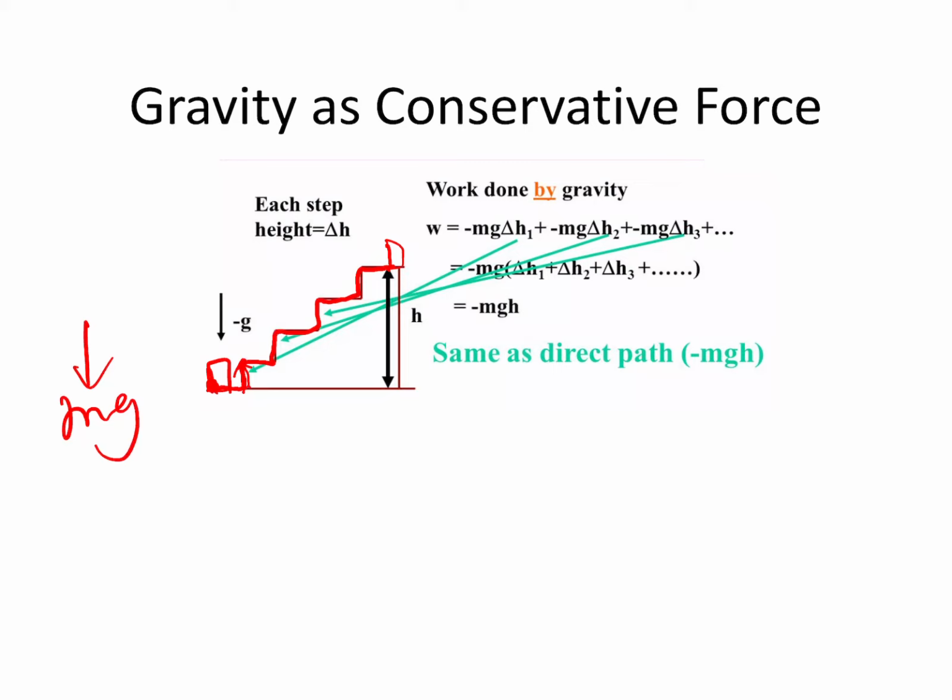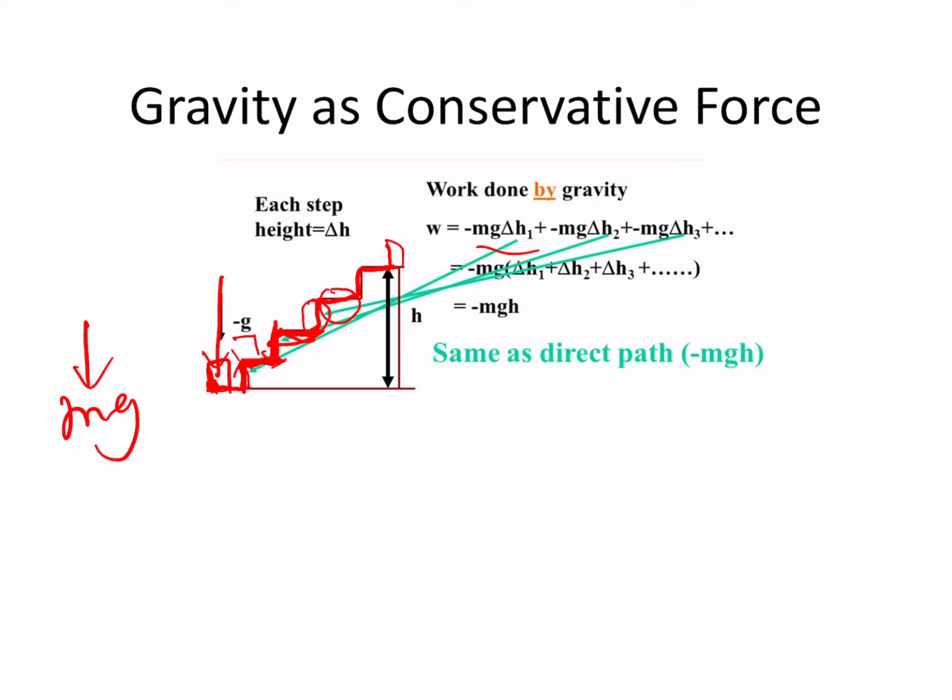So gravity is doing work negative mg h1. Now if you are going entirely horizontal, then your force and your displacement are 90 degrees, so there is zero work done here. And then you are doing work here, zero work here, doing work here, zero work here.